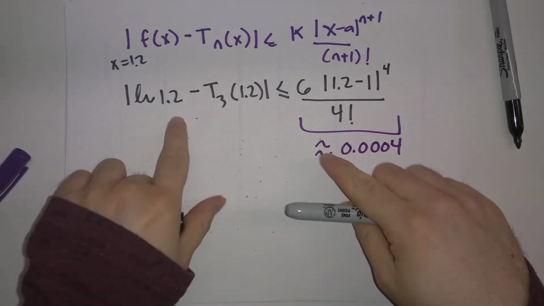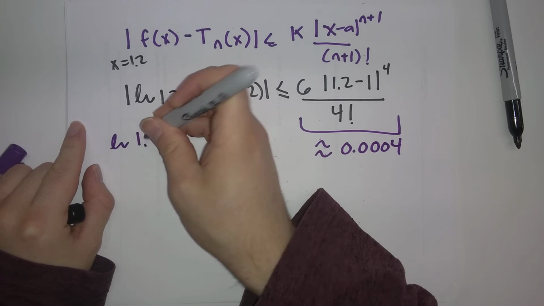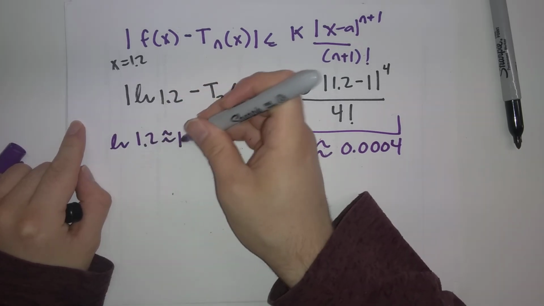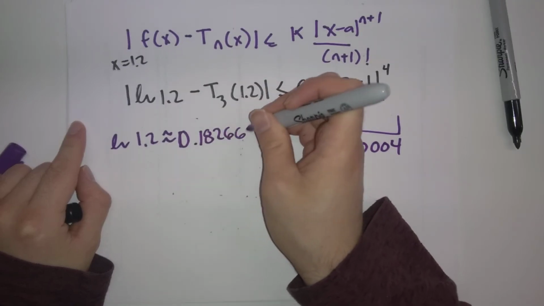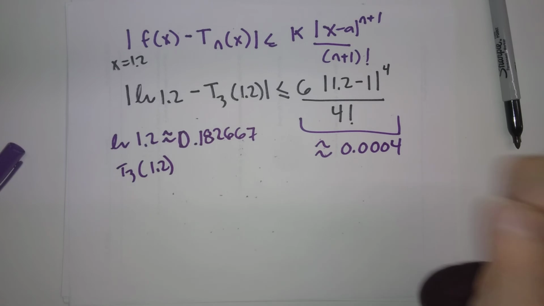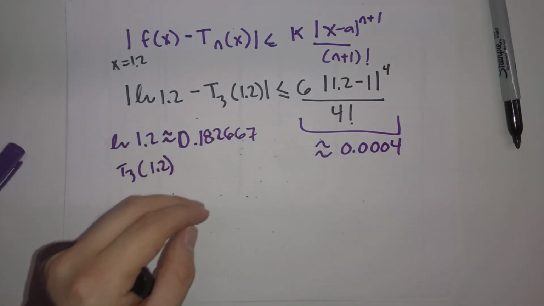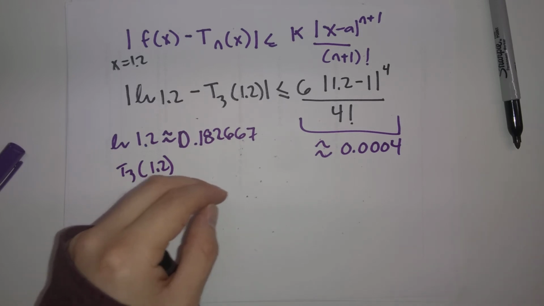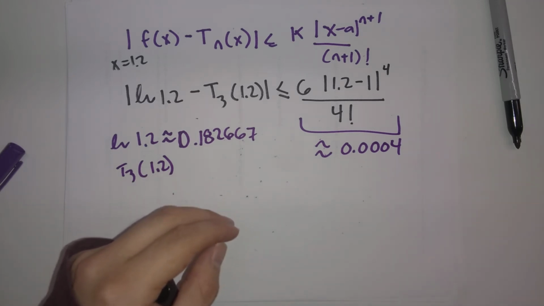And so that is a pretty darn good approximation here. If we were to do natural log of 1.2, it is about 0.182667. T sub 3 of 1.2, where, just to remind you, t sub 3 is something that we would have calculated out before.